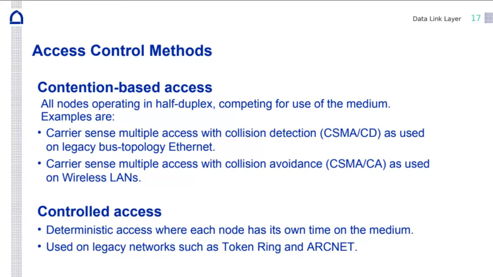Before the node sends, it will listen to the line and see, is there anybody else transmitting? If nobody is transmitting, then it will transmit. Controlled access is deterministic. Each node has its own time on the medium. This was used in legacy networks, such as token ring and ARCnet. So a node will send only when it has the token.